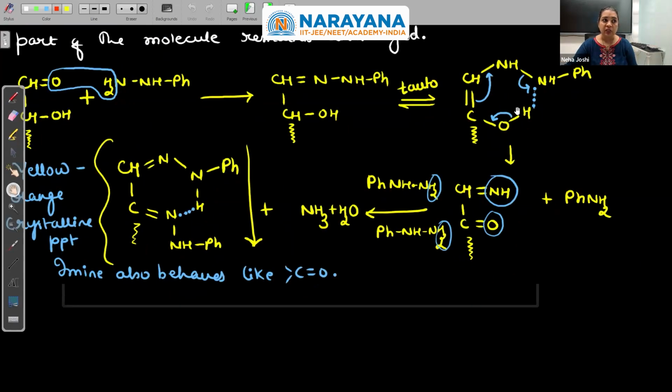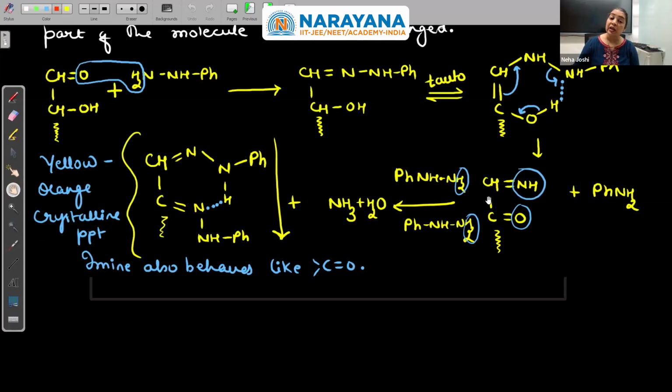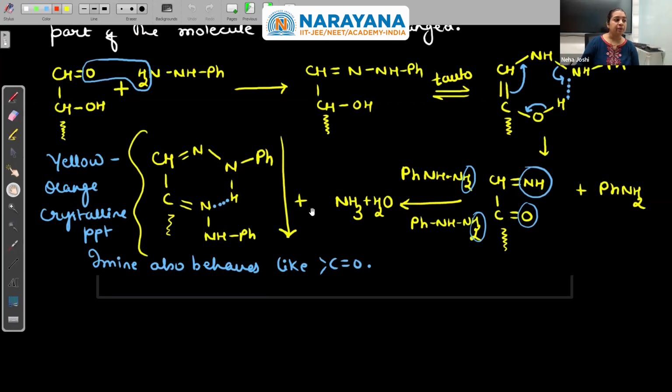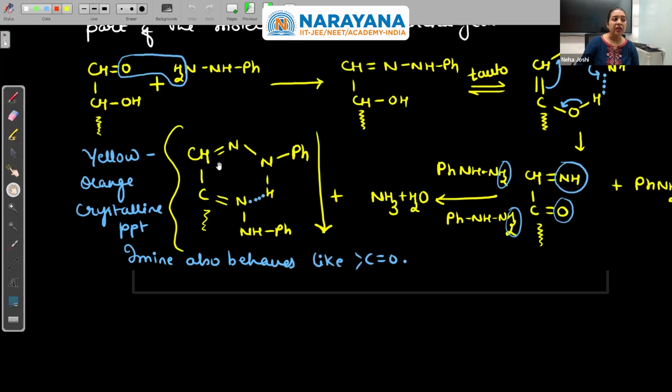How is it breaking? If you see, the second carbon, which was hydroxyl, is now becoming ketone. The phenylhydrazone part has become imine and aniline is free. As I told you in the aldehyde ketone chapter, imine behaves very similar to ketone, so the same reaction takes place. Again 2 moles of phenylhydrazine react with our molecule, forming phenylhydrazone on both sides.